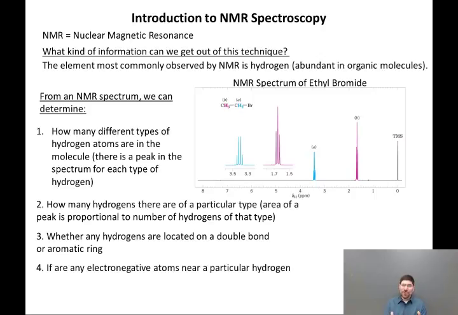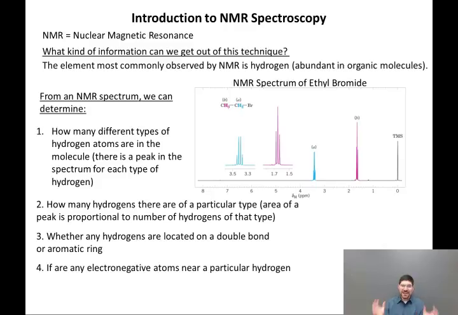We'll go into all of this in a whole lot of detail, but in this molecule you have no double bonds, no aromatic rings, so we have no peaks in those regions of the spectrum. But you do have a bromine atom, and the hydrogens that are near the bromine can also be found in a particular region of the spectrum.